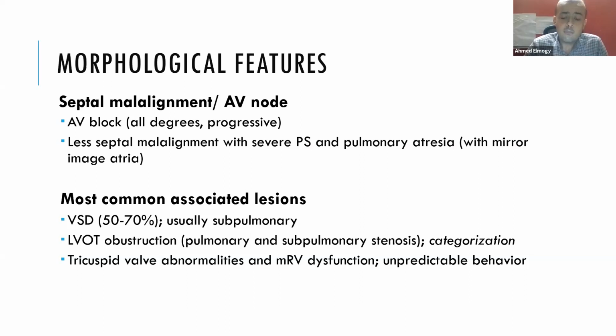And this causes an important feature of CCTGA, which is conduction abnormalities, AV block of all degrees, and sometimes it's progressive over time due to fibrosis. However, less septal malalignment occurs if there is severe pulmonary stenosis, subpulmonary stenosis, or pulmonary atresia. This is more common with mirror image atria, and therefore this rare type of CCTGA is less likely to develop conduction abnormalities.